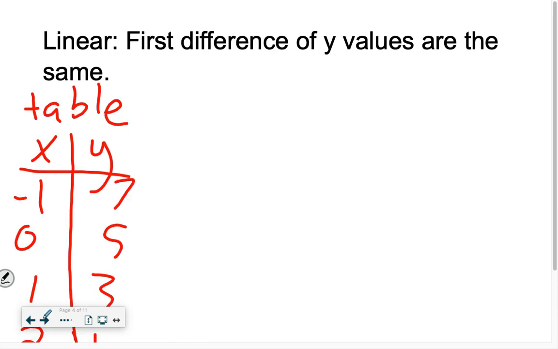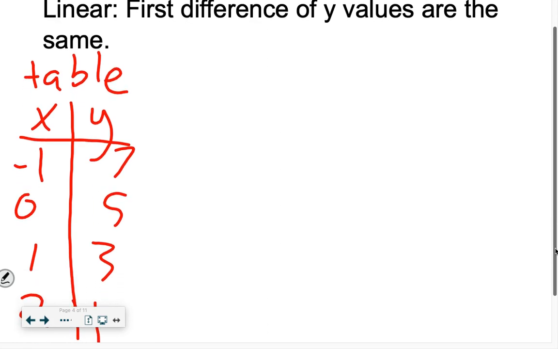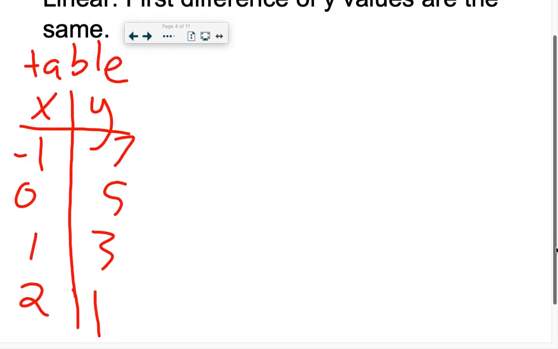and that is linear. Linear: the first difference of y values are the same. What we're going to do is write down, in all these problems, my y values, but I start from the last given to the first given. This is important.